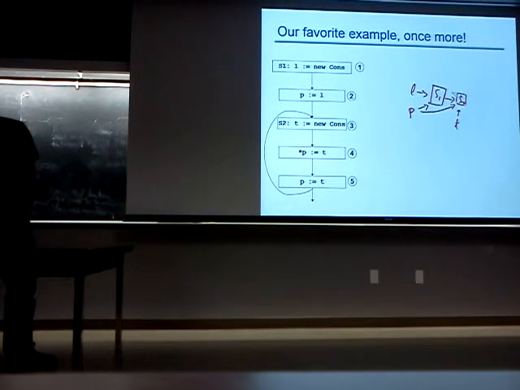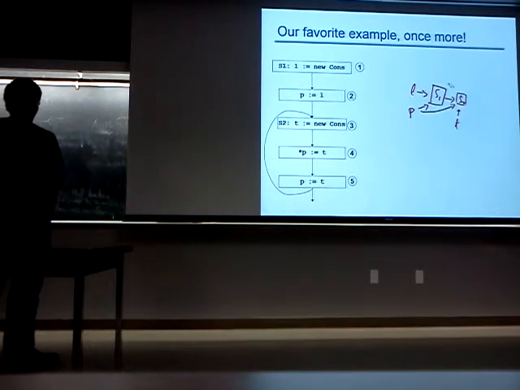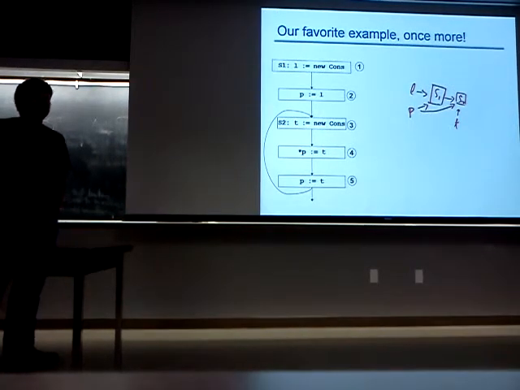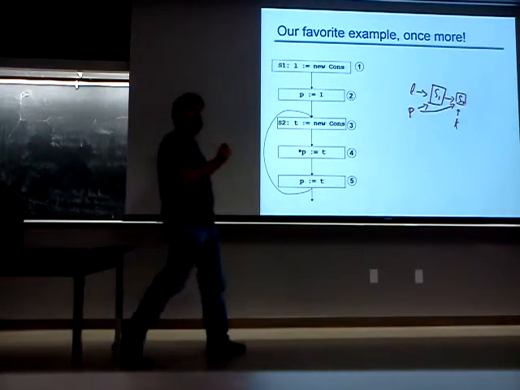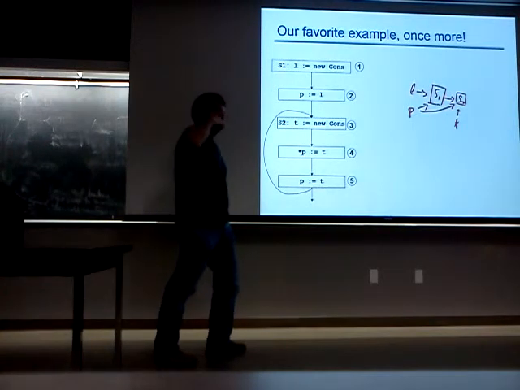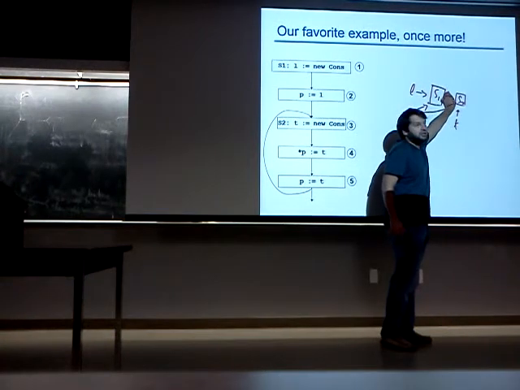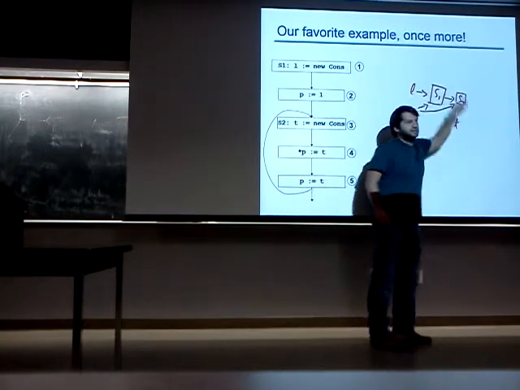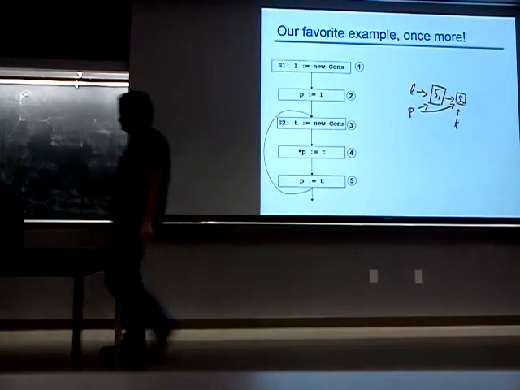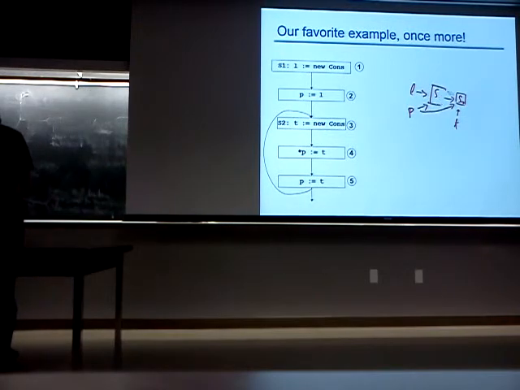So we have to be careful now. When we collapse these two nodes, we have to add a self-edge in that node, because it's possible for S1 to point to itself.